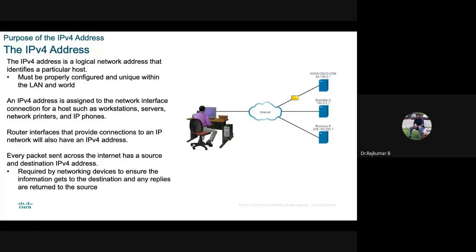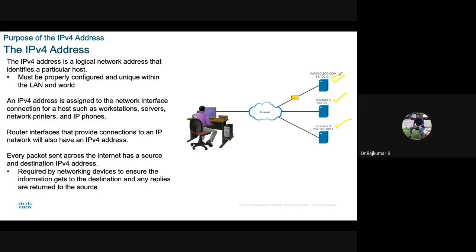So every packet sent across the internet has a source and destination IPv4 address. You can see in this diagram there are different servers: the cisco.com server, the business A server, and the business B server. Every server has its own IP address.